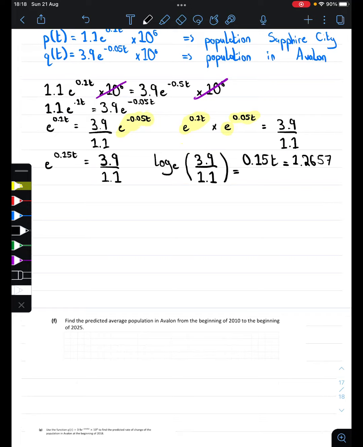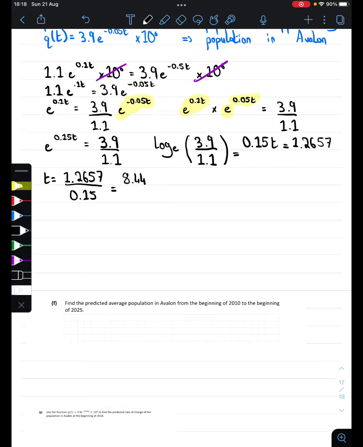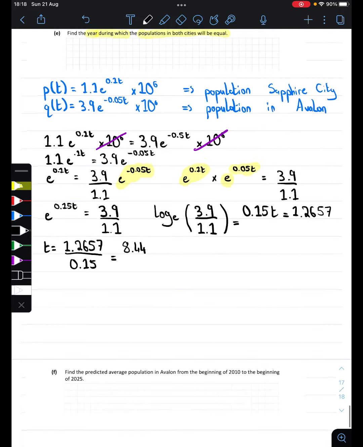Then it's very easy to solve for t. T equals 1.2657 over 0.15, which equals 8.44. So t equals 8.44 when they're equal. What year does that correspond to?